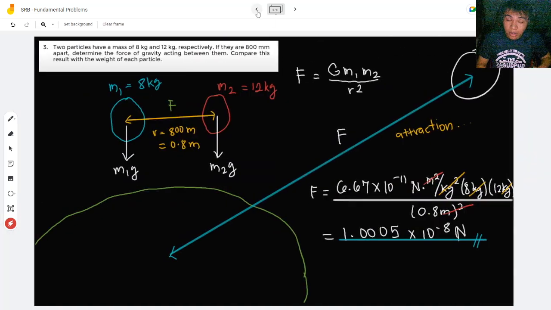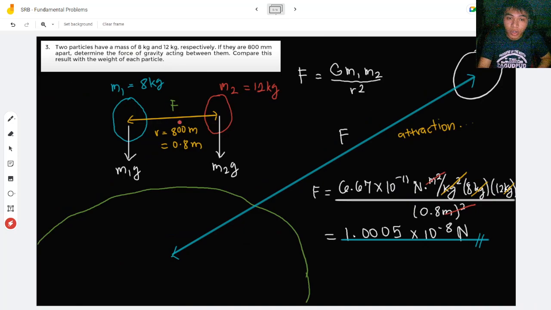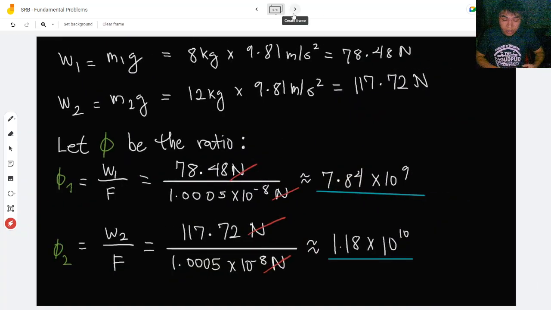The gravitational force acting between these two bodies is 1.18 times 10 to the 10th power smaller than the weight of the 12 kilogram particle. So that's why it's kind of negligible to say that there is gravitational force acting upon those two bodies, but still there is a force. Even if it's minuscule, we can say that there's a force acting upon it.